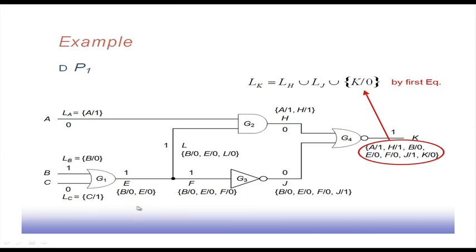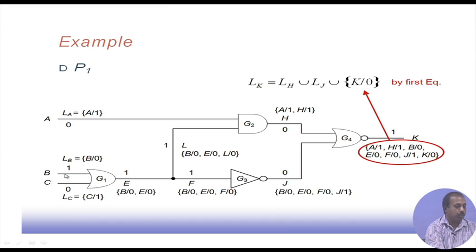Similarly, at this point I can see B stuck at 0, at this point I can see C stuck at 1. Now, say this is an OR gate, and one of the inputs is 1, so that is the controlling value. So, in this case, we get at the output B stuck at 0 and E stuck at 0, these two faults.